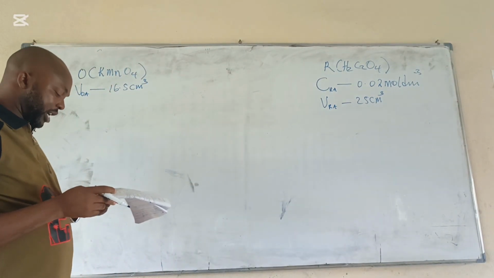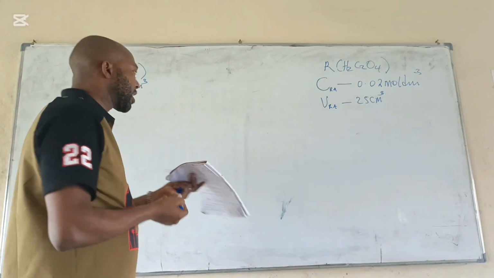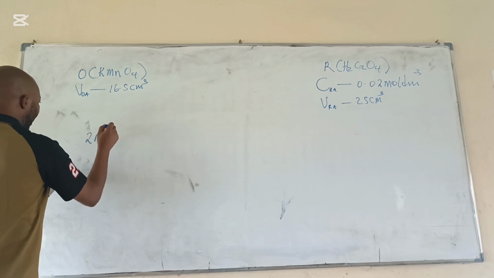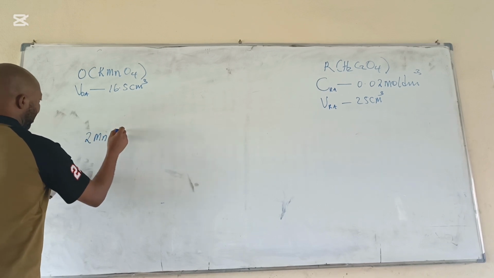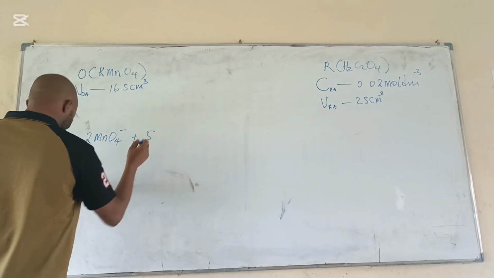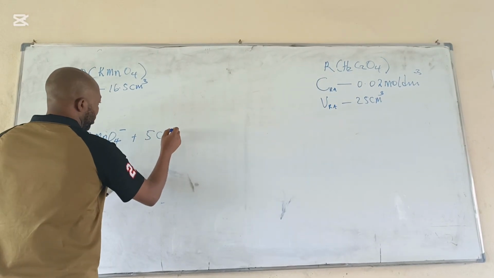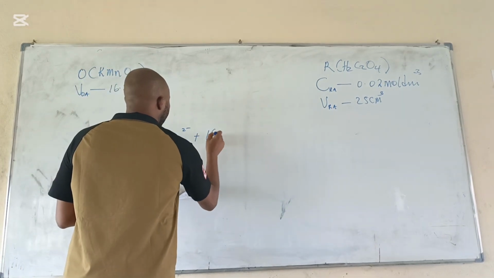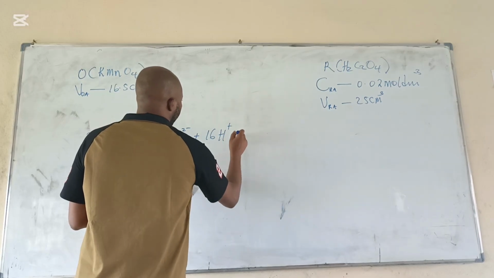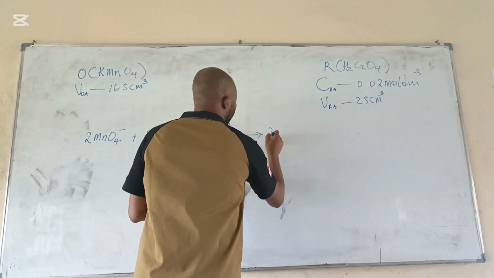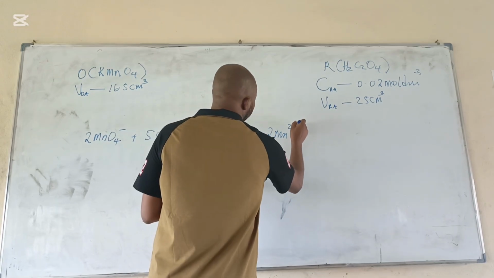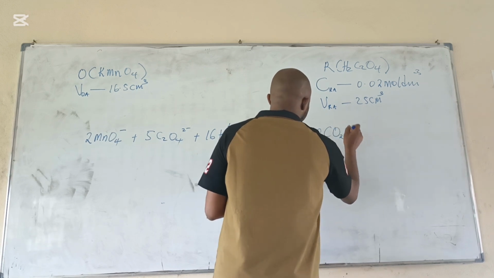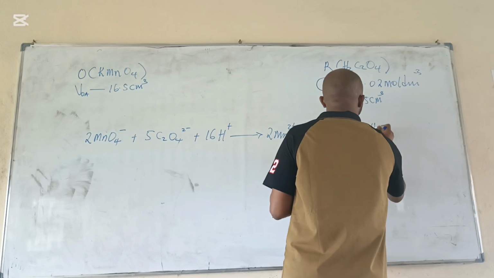For complete oxidation reaction. From the equation of reaction, let's write out the equation of reaction, which they give us. We have 2MnO4⁻ + 5C2O4²⁻ + 16H⁺ will give us 2Mn²⁺ + 10CO2 + 8H2O.